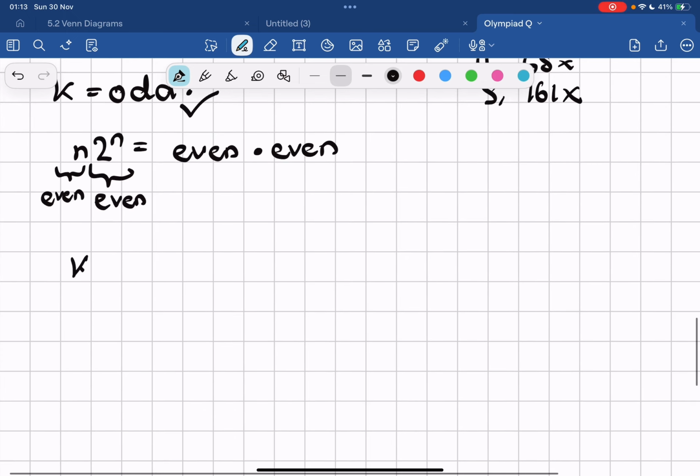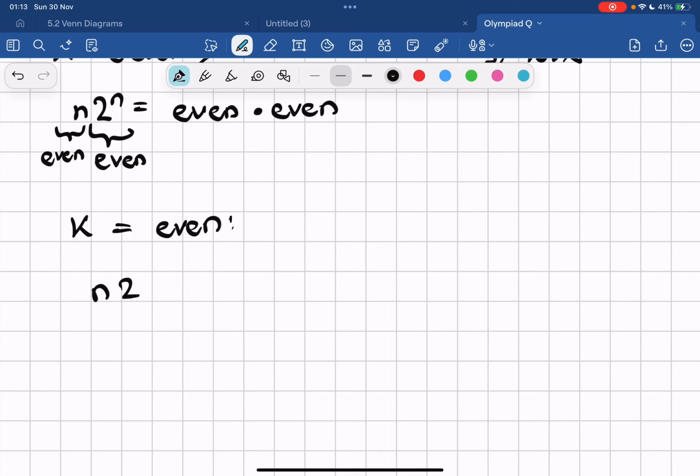What about when k is even? Well, n times 2 to the n equals, now we've got odd times odd. We know that an odd times odd is always an odd.